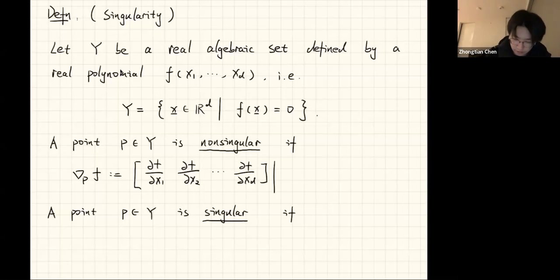And you evaluate each of these things at P. And the requirement is that this is not equal to the 0 matrix.